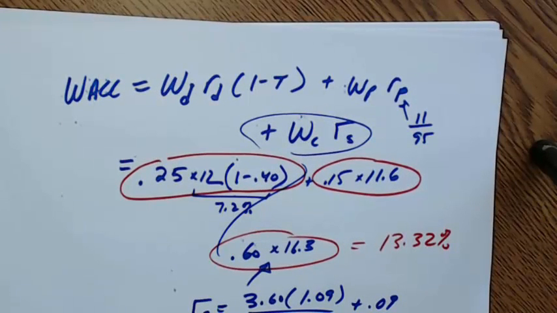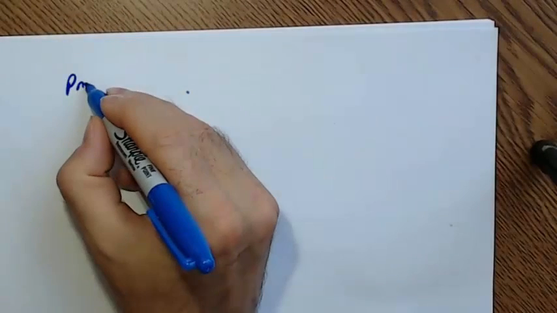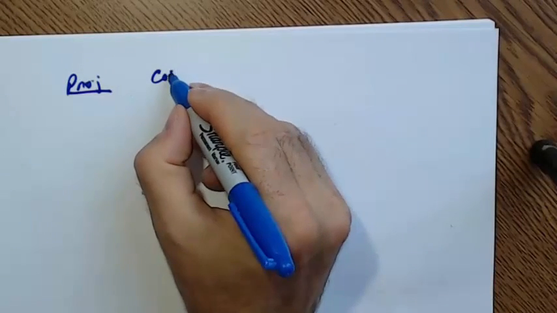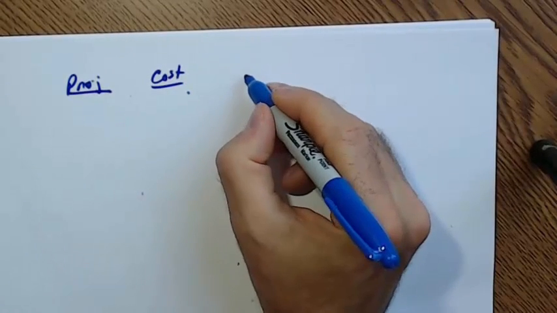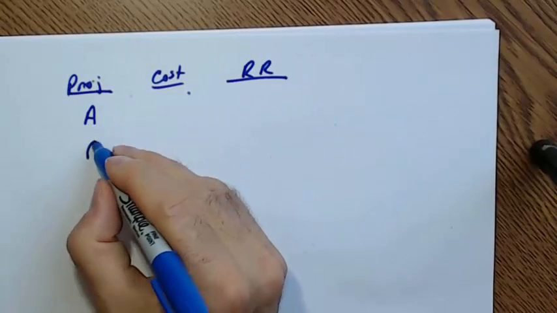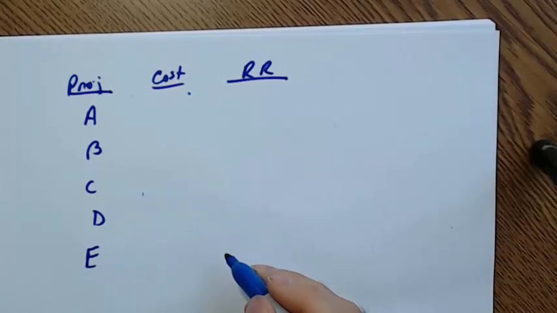So what I need to do is look at the various projects that are available according to the problem. We have projects, and we have the cost listed, and then we have the rate of return. We have project A, B, C, D, and E listed there.